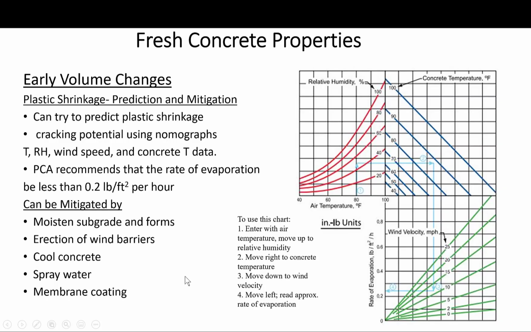And also we must know what are the factors that we need to control in order to make sure we remain within the allowable parameters and are able to carry on with the concrete operations.